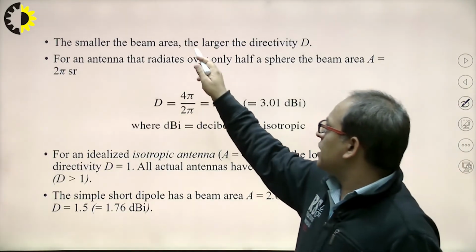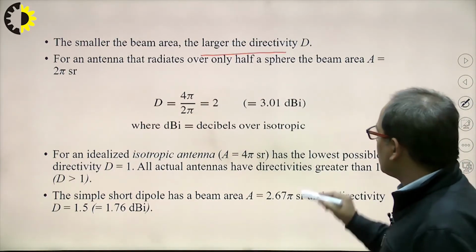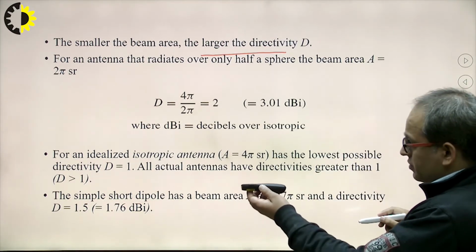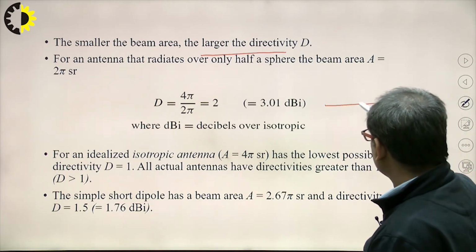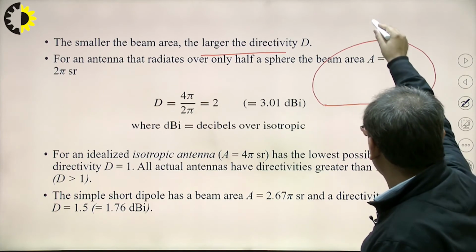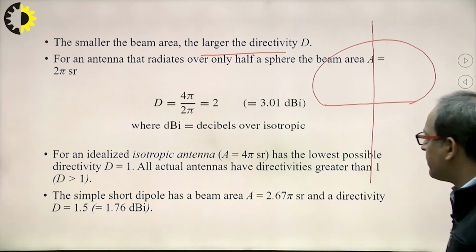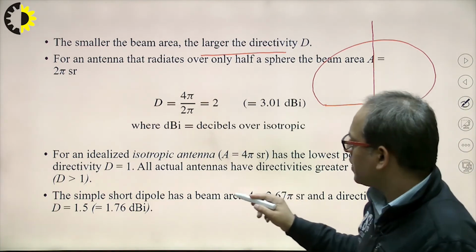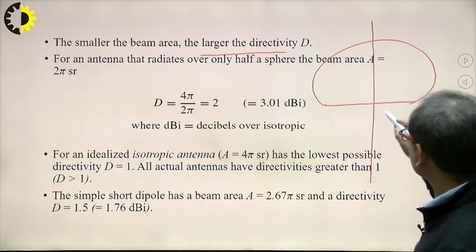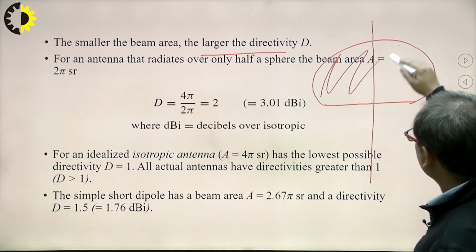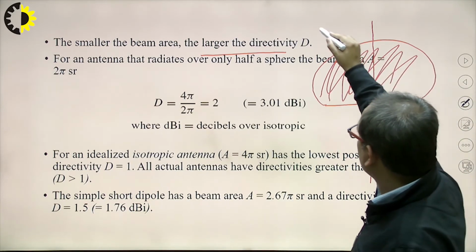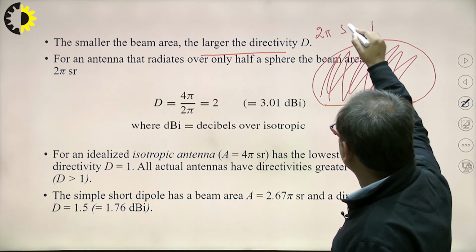So smaller the beam area, larger is the directivity. Now if the antenna is radiating over a half sphere, its radiation pattern will be like this one, over a half sphere. Clear? So what will be its directivity? As you know, directivity D equals 4 pi upon beam area, and this half sphere covers 2 pi steradian.